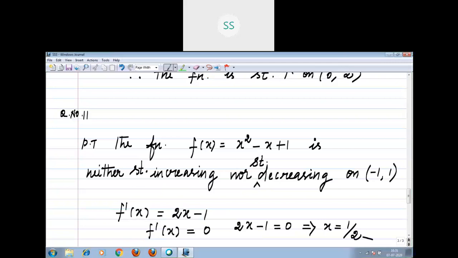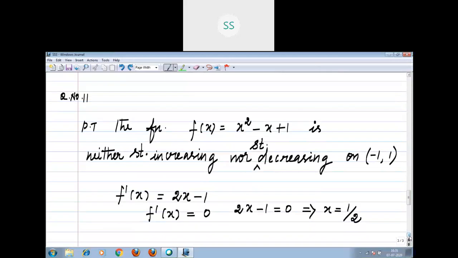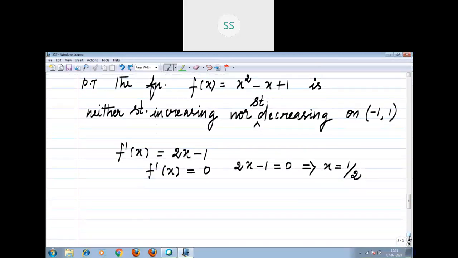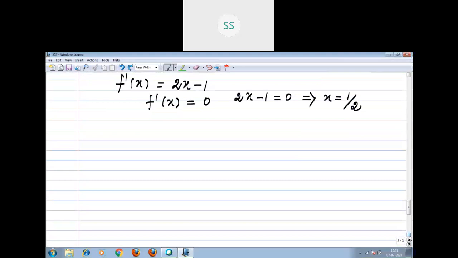Then 2x will act as a division, right? So x is equal to 1 by 2, it divides the interval.